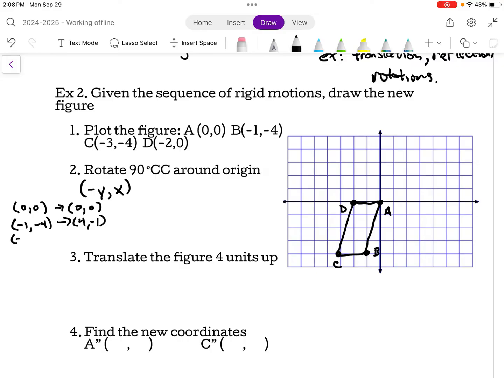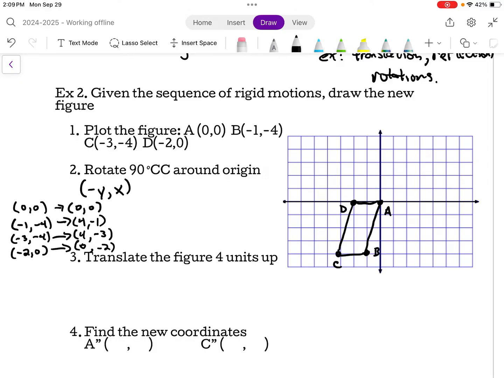The third point, which was negative 3, negative 4, the y comes first and is going to be opposite, which makes that positive 4, and then the x comes second. And then the last point, which was at negative 2, 0, the y would come first, and it's opposite y. There is no such thing as opposite 0, so 0 just is 0, and then the x stays the same.